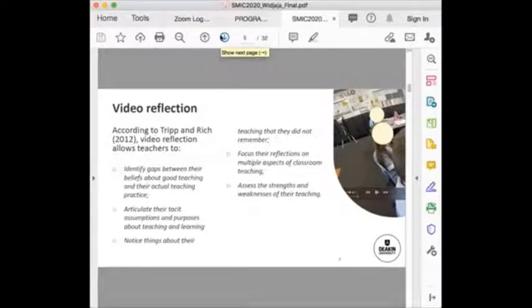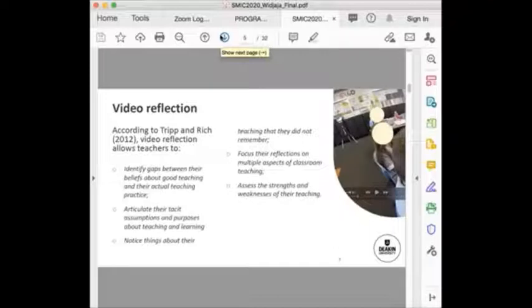Also, when we use video, we allow teachers to look at the video and then reflect on what happened during the teaching, and that allows them to notice things that they might already have forgotten, because maybe the lesson was some time ago.